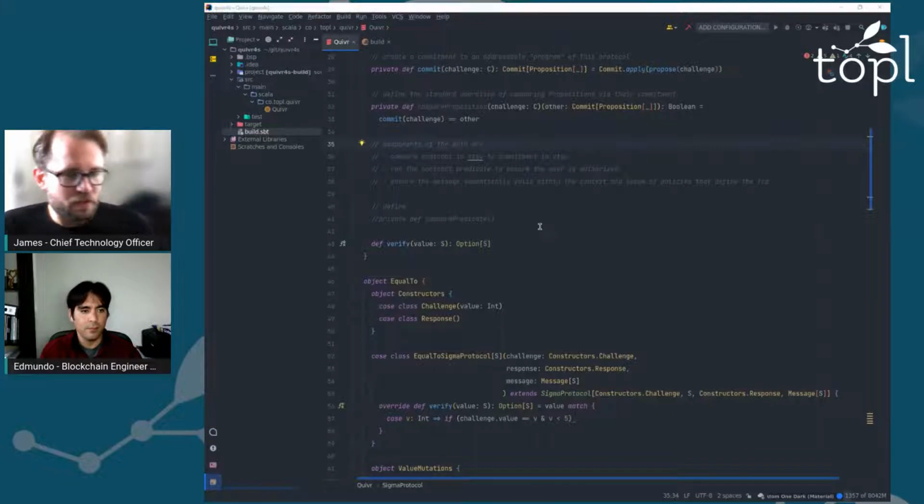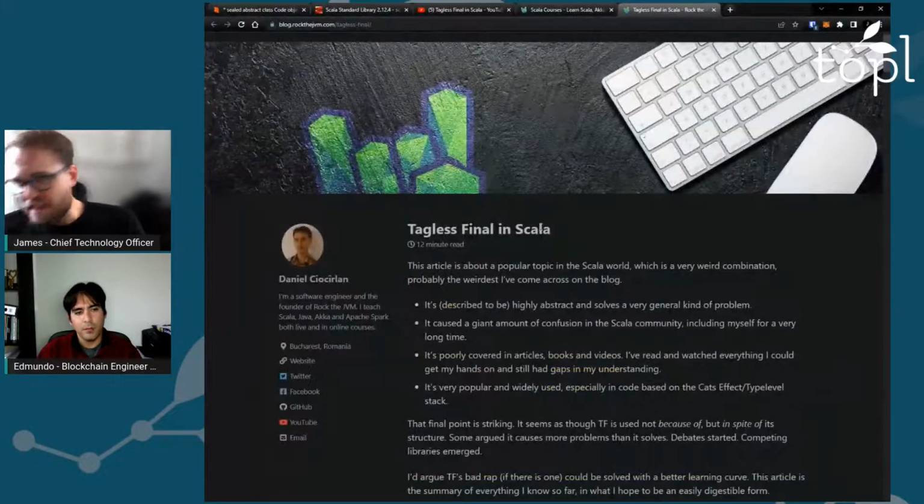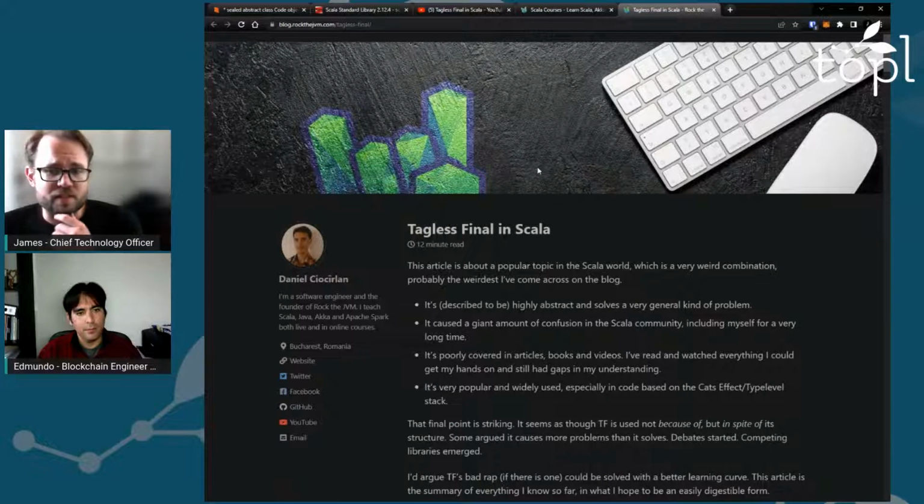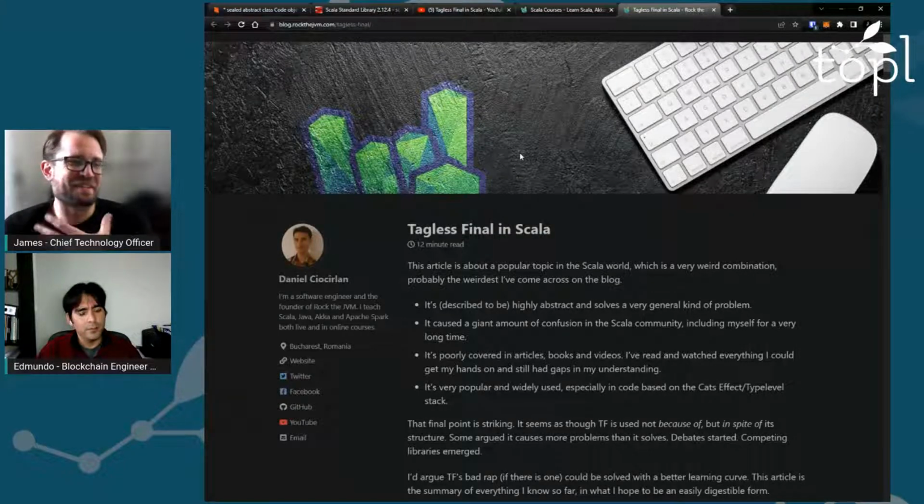So Edmundo, we've been discussing lately how to write a DSL in Scala to enable this extended UTXO smart contract system. I'm kind of curious, I have never really studied languages or anything.